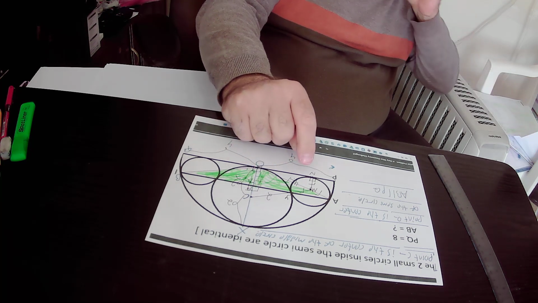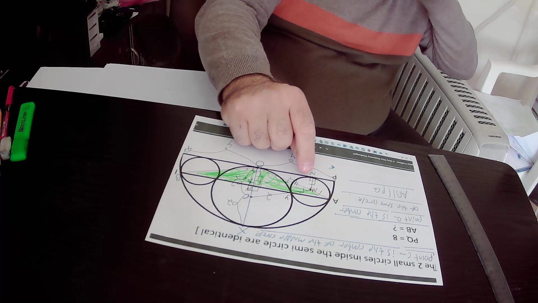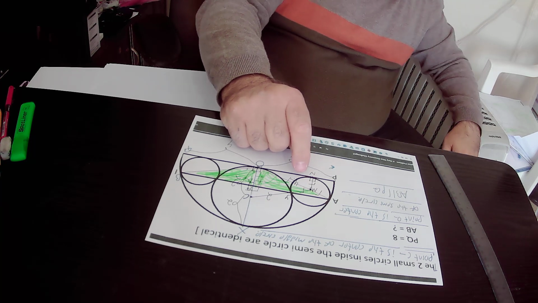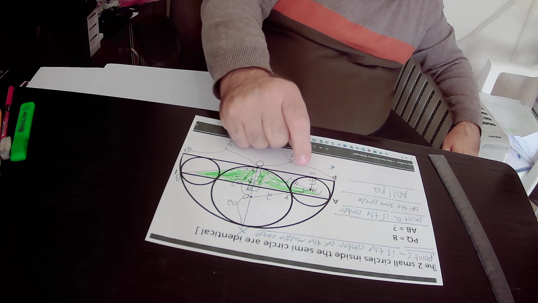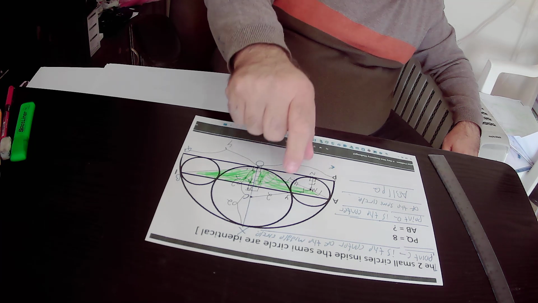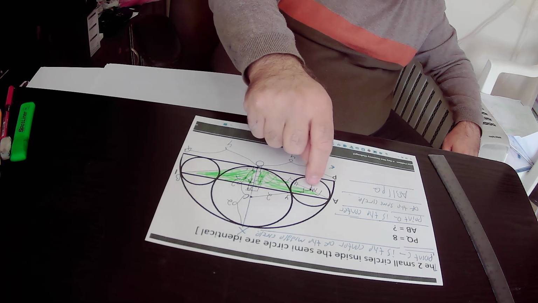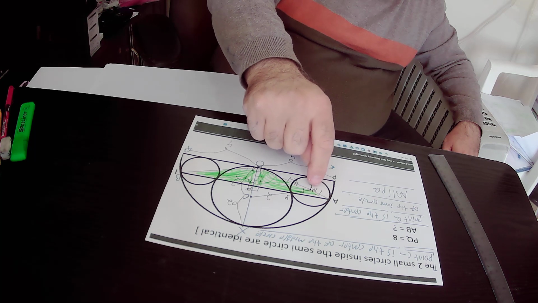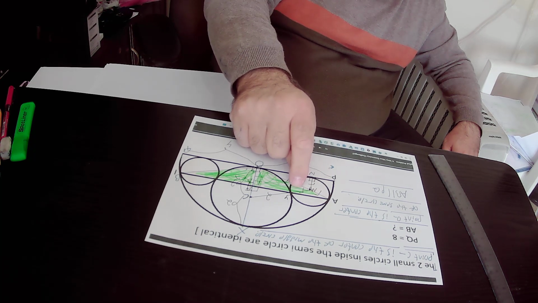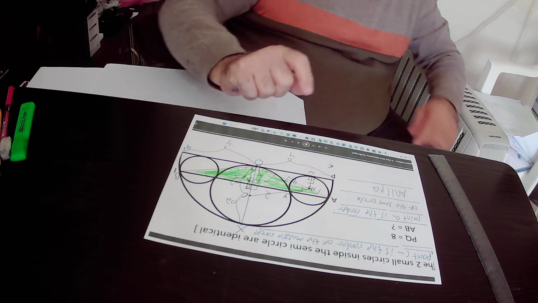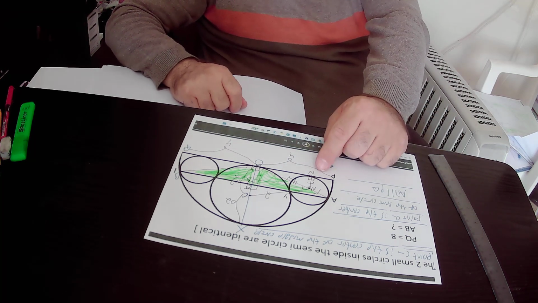And we defined the center of the small circle as point M, and so we know that MY is the radius of the small circle. We define the radius of the small circle as R. Then we join together points M and N by a straight line.